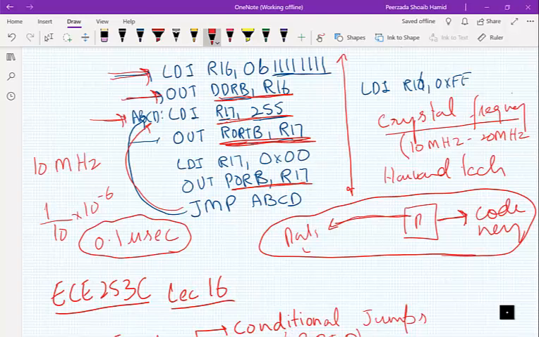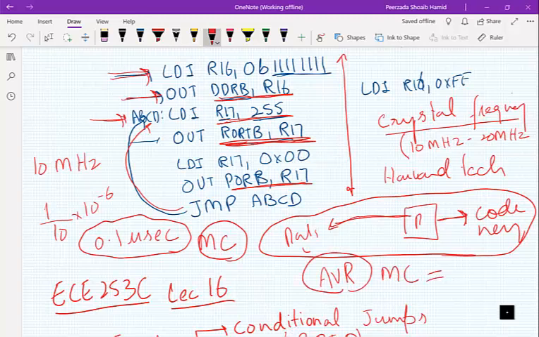Most of these instructions will take only one machine cycle to execute. And what's the machine cycle? It's the smallest amount of time needed by the CPU to do a particular job. In the case of AVR microcontrollers, the machine cycle is equal to the time period of the crystal oscillator.